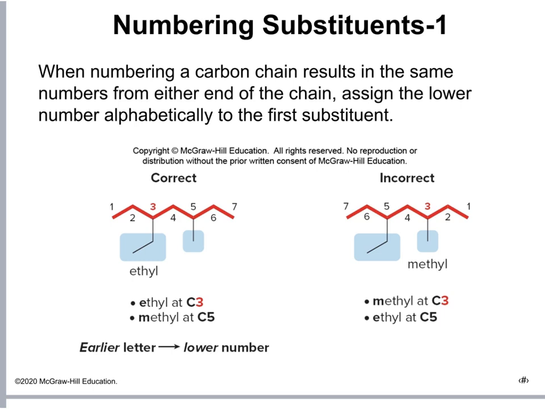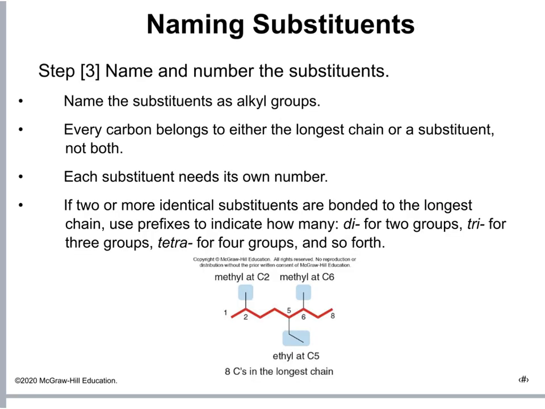The earlier letter gets the lower number. Okay, so in this case, they're just showing you alphabetical. E comes before M in the alphabet.